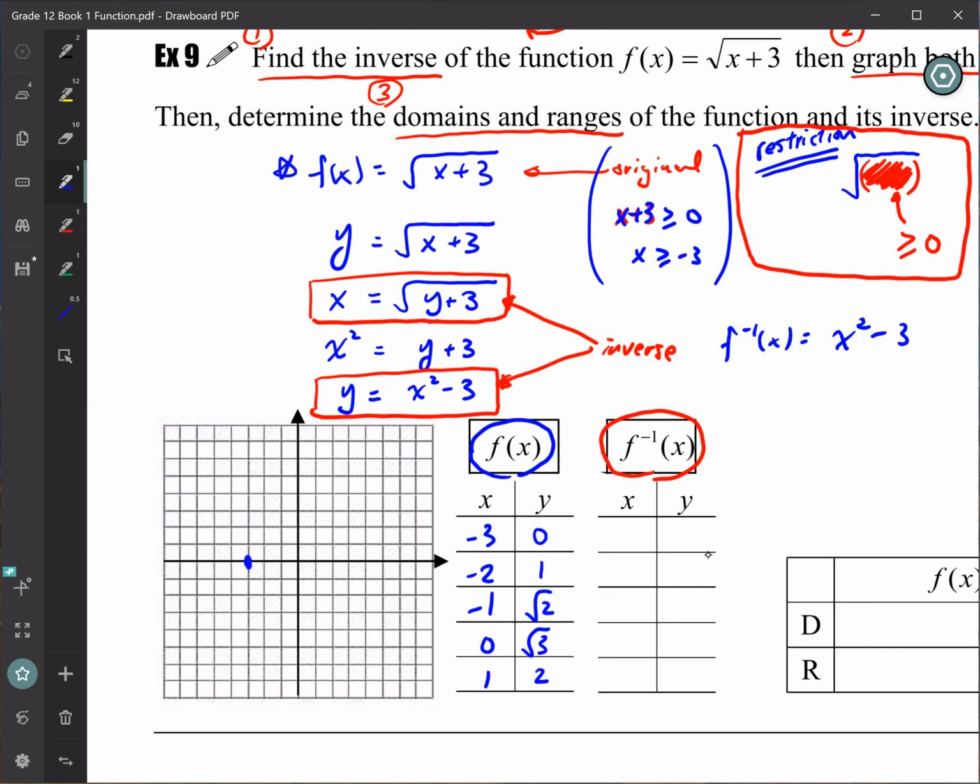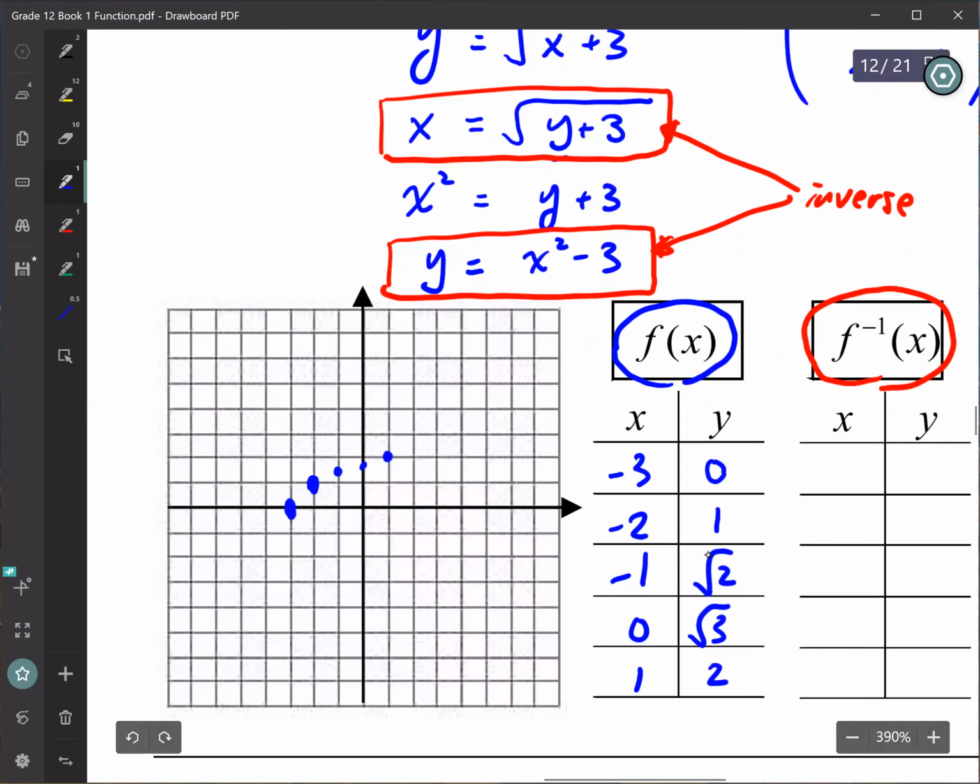-2 will be 1. -1 is 1 point something, 1.4, right? And then 0 is even a bit higher. Next one is 2. So you see it's bending, right? So it goes up slowly.